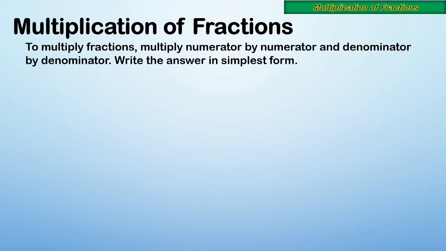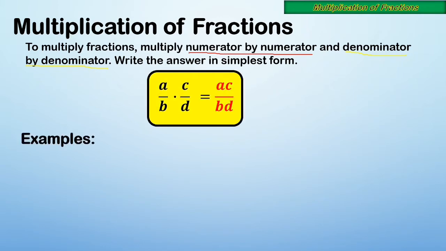Tandaan, multiply numerator by numerator and denominator by denominator. Then do not forget to simplify your answer to the lowest term. Example, a over b times c over d is equal to a times c over b times d. That is for multiplication.